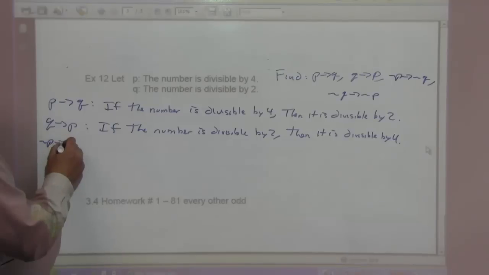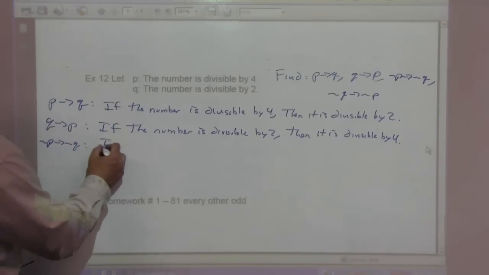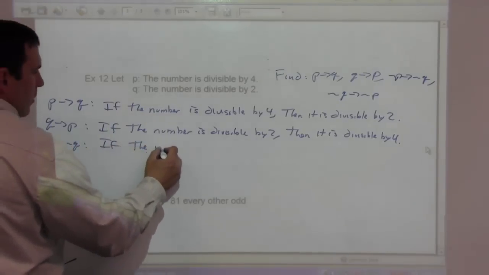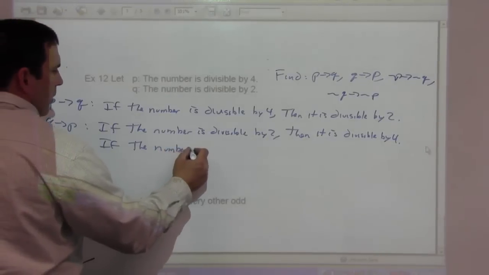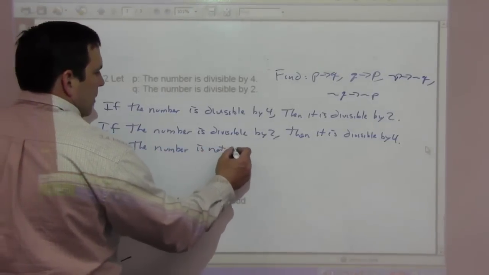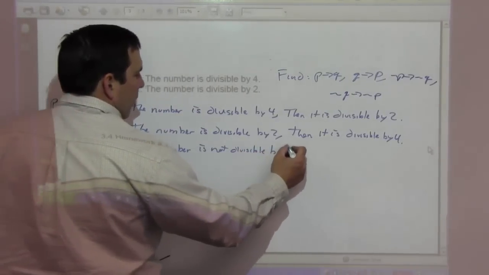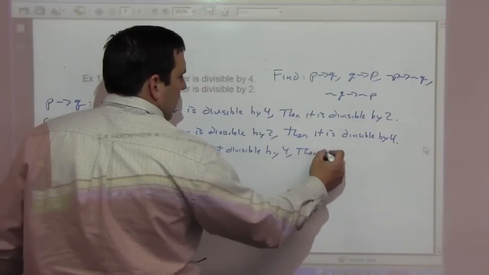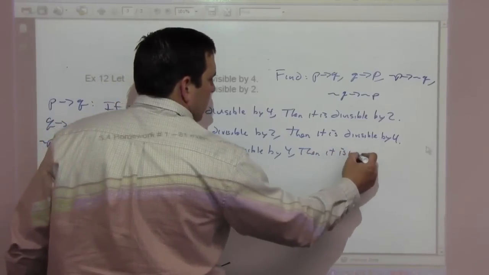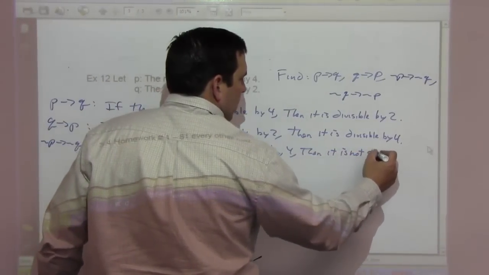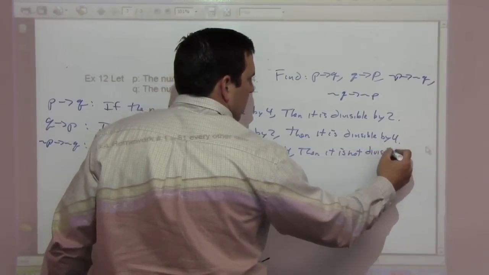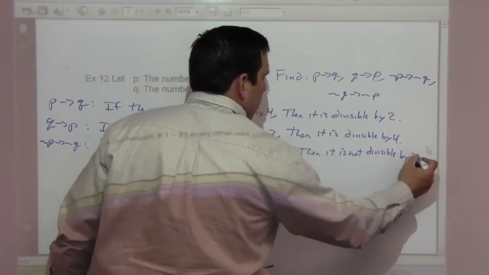If not P, then not Q: if the number is not divisible by 4, then it is not divisible by 2.